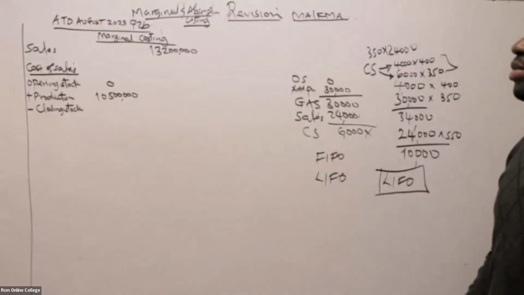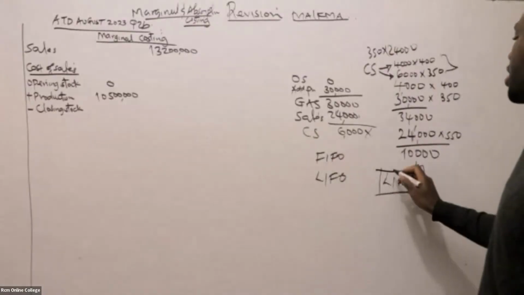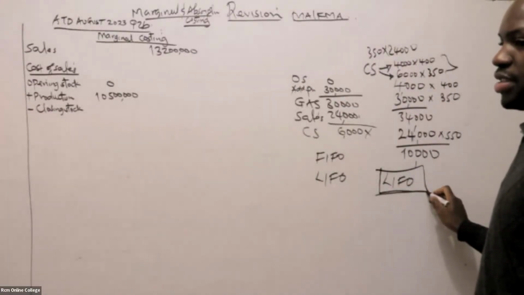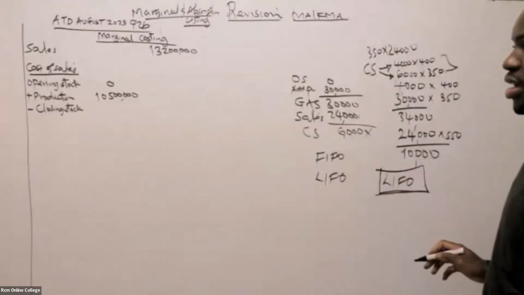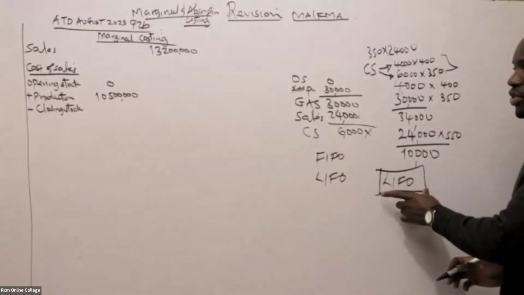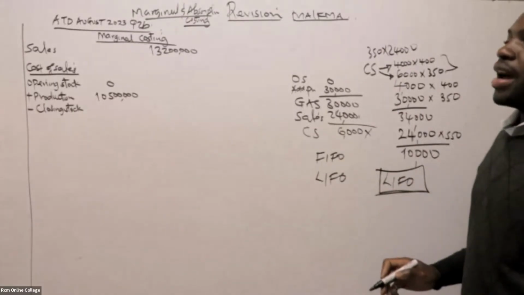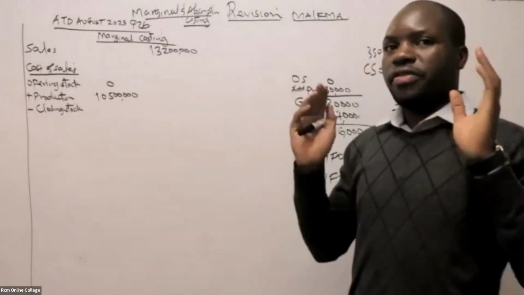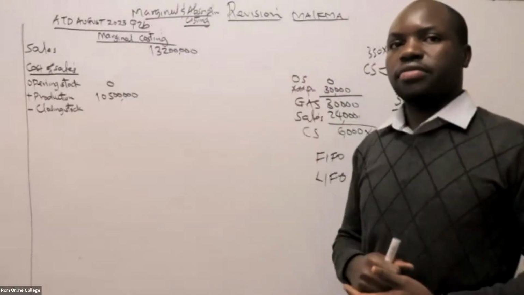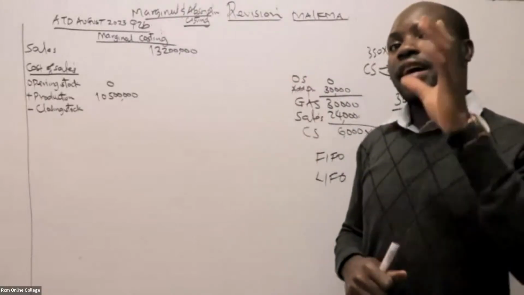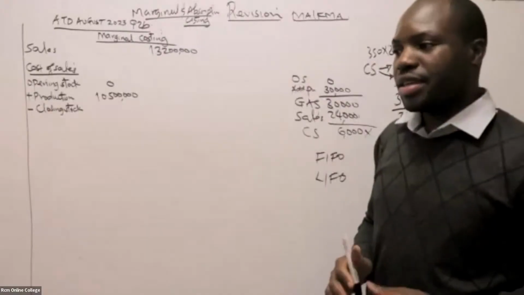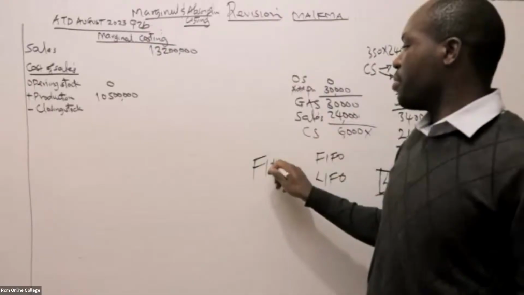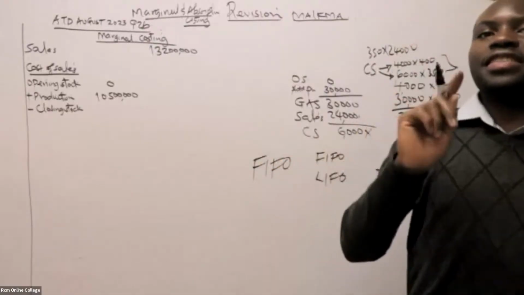Whoever is setting the management accounting paper has not decided to subject you to this. So what are they doing? Currently, all the questions in the past papers for management accounting and fundamentals of management accounting were set under the assumption that the company is using the FIFO method, first in, first out.